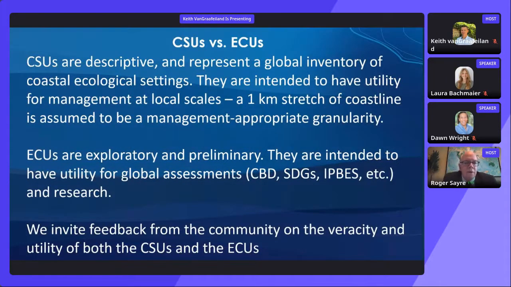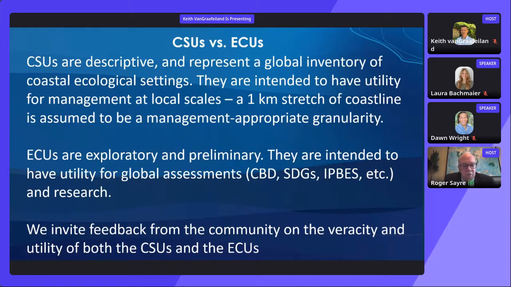Now, this question of CSUs versus ECUs, in case you're a little confused, the CSUs are descriptive, and we consider them a global inventory of coastal ecological settings. And we hope that they have utility at local scales, as we believe that a 1 kilometer stretch of coastline is indeed an appropriate granularity for many management applications.